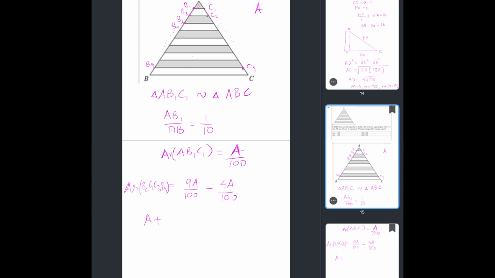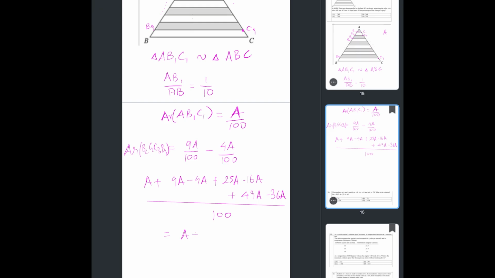A plus 9A minus 4A plus 25A minus 16A plus 49A minus 36A, whole thing divided by 100, right?